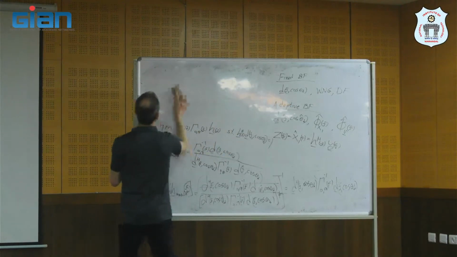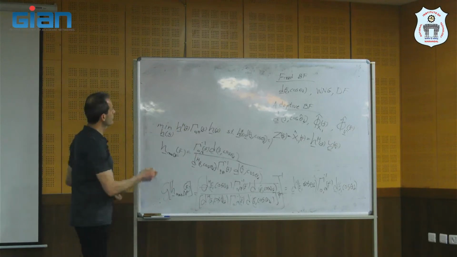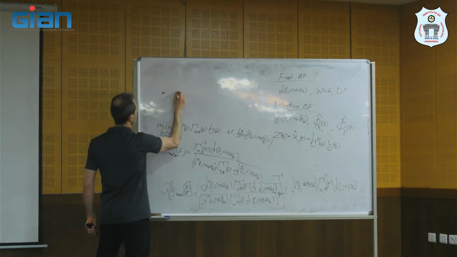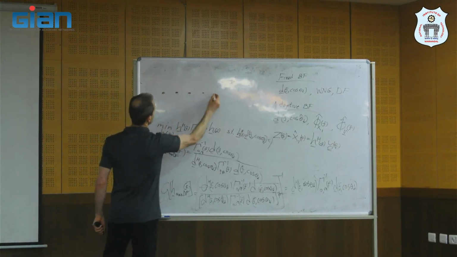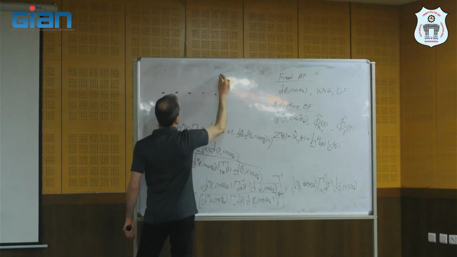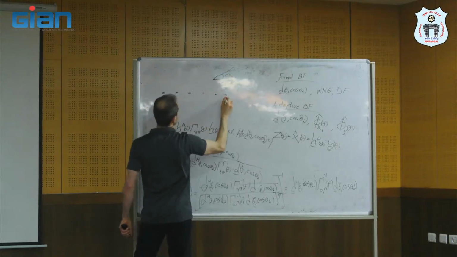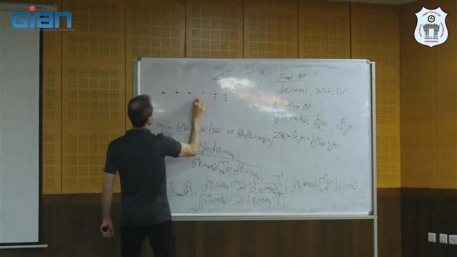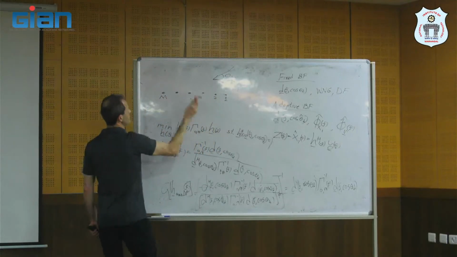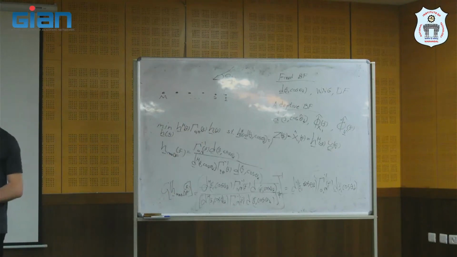Suppose that we have a sensor array, and we have a direction, this is the direction theta d. This is the sensor array, which can be a uniform linear array or any other array.